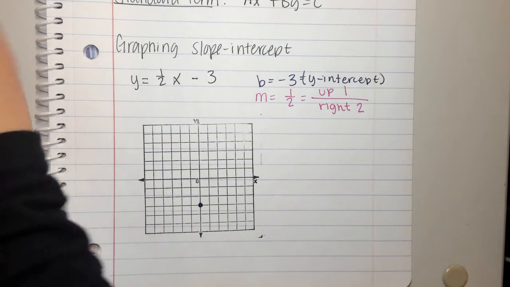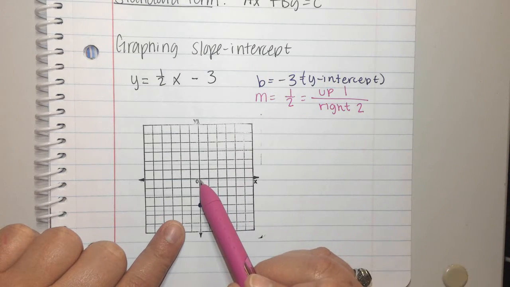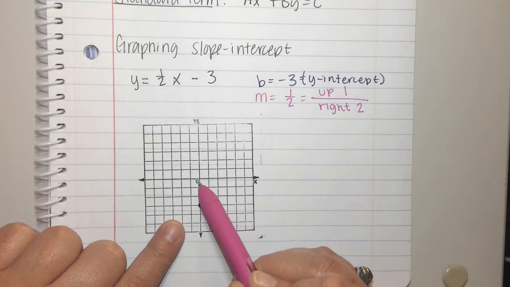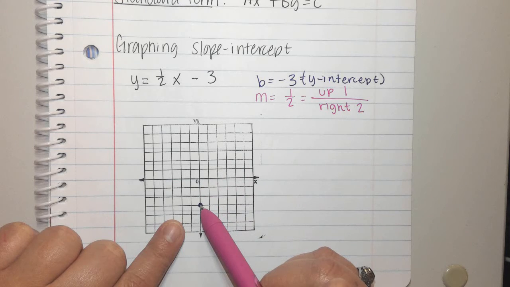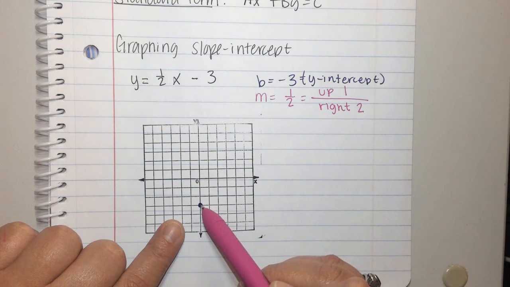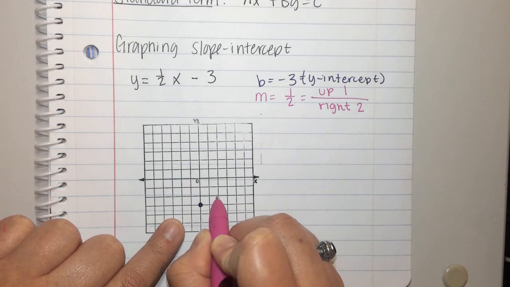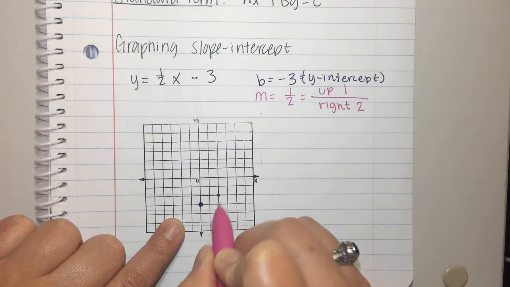From that point, you're going to use the slope to move. So you're not going to start at the origin, because I do see that a lot, where you plot this point, and then you go back to the origin. No, baby. This is why it's called the beginning of your graph.